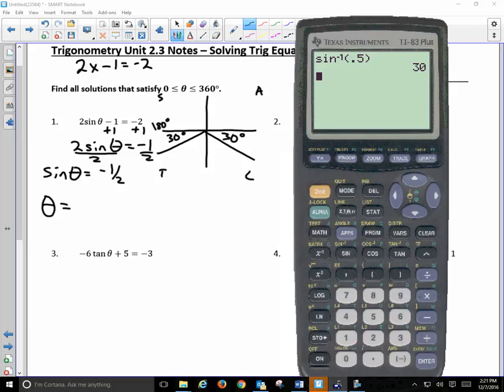So I'm 30 degrees past 180, which is 210 degrees. This is 360 degrees. So I'm going 30 back, which is 330 degrees. And so I have two solutions.